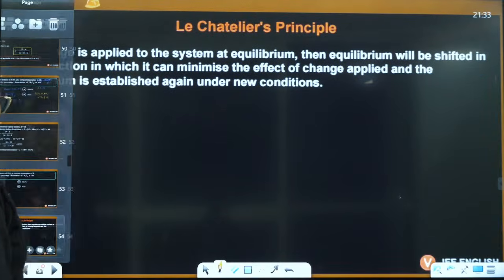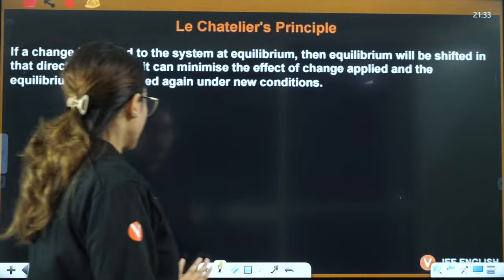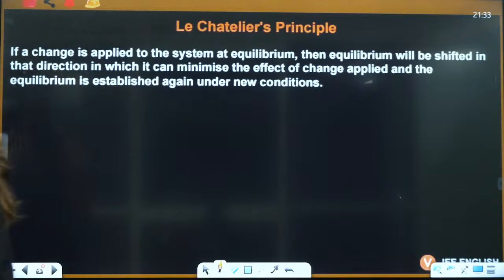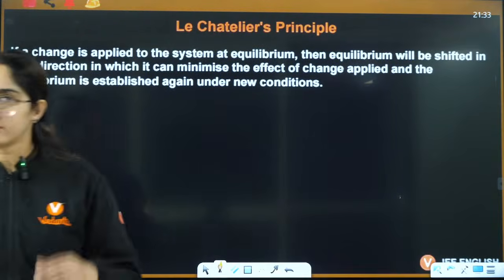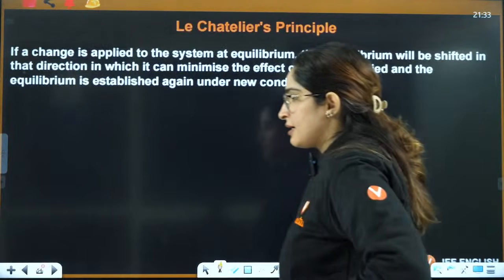Okay. Now let's see Le Chatelier's Principle, everybody. Do let me know if you're ready for the last part of today's lecture of chemical equilibrium. Right? Let's see. Tell me, guys.